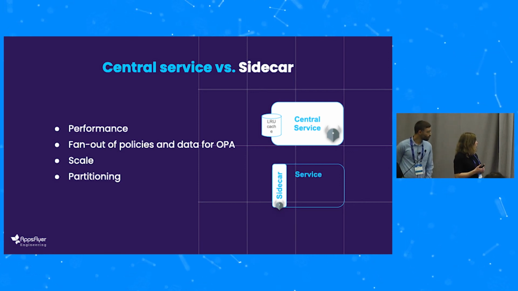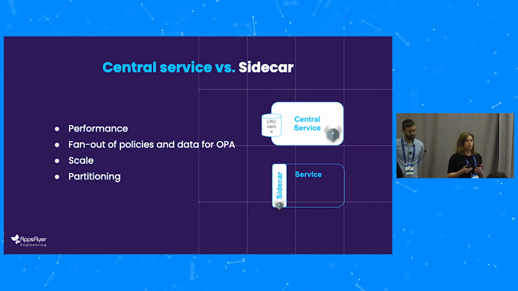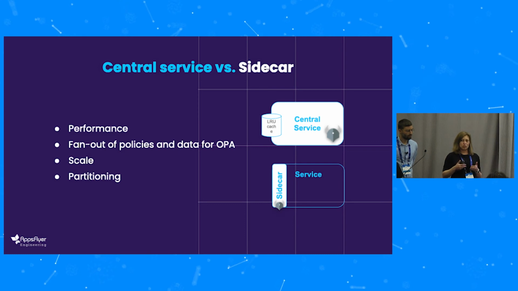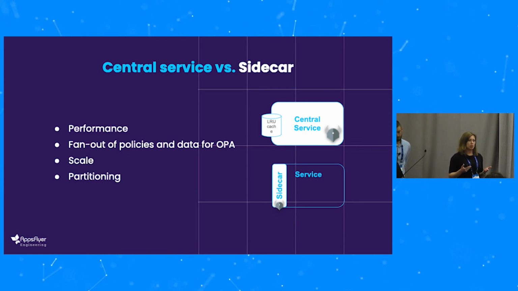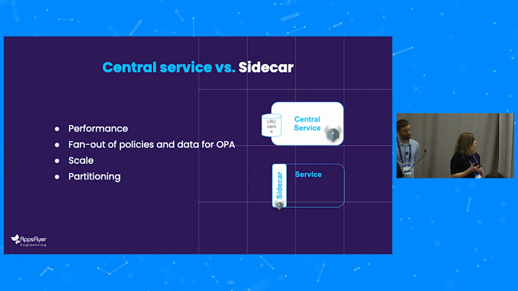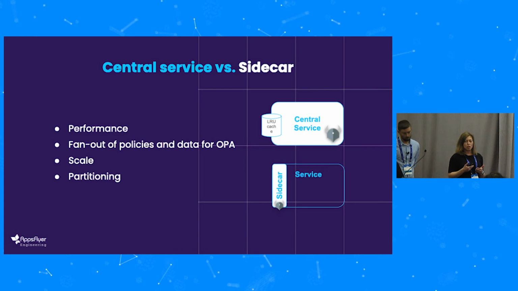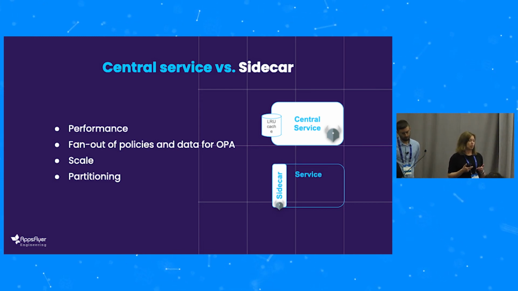Another trade-off that we thought about is scale. When you have a centralized service and so many other services authorizing requests, you need to deal with larger scale, and it can also pose memory constraints because OPA is an in-memory rules engine.